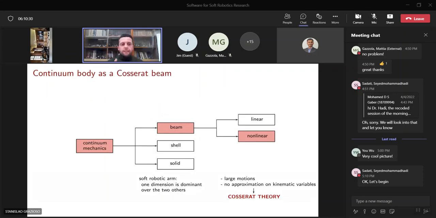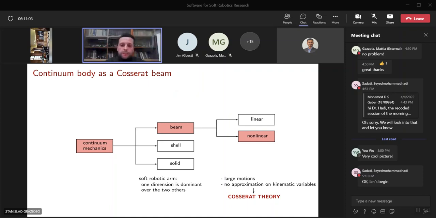So, starting with the continuum body. As in other software, like PyElastica, which had a really amazing presentation we saw before, we use the Cosserat beam for describing our soft continuum arms. Why this? Because we are interested in soft robotic arms which have one dimension predominant over the two others.